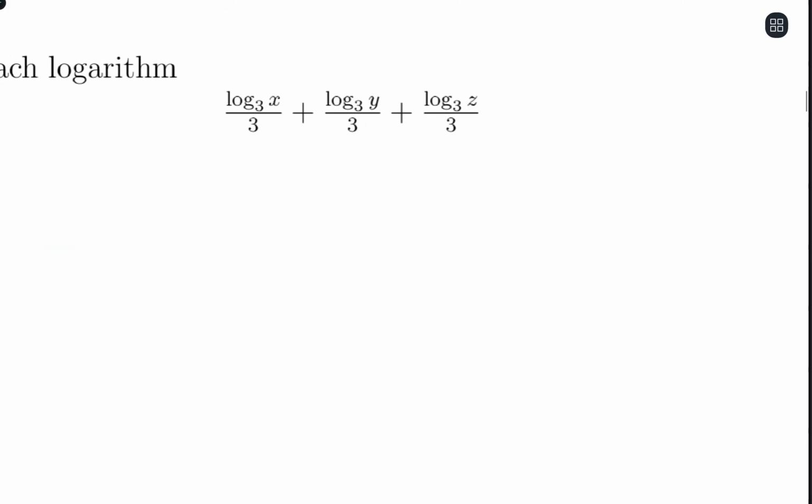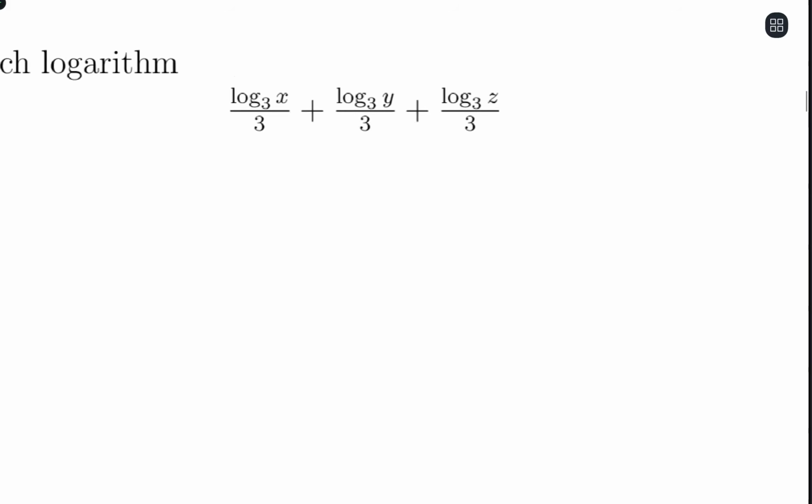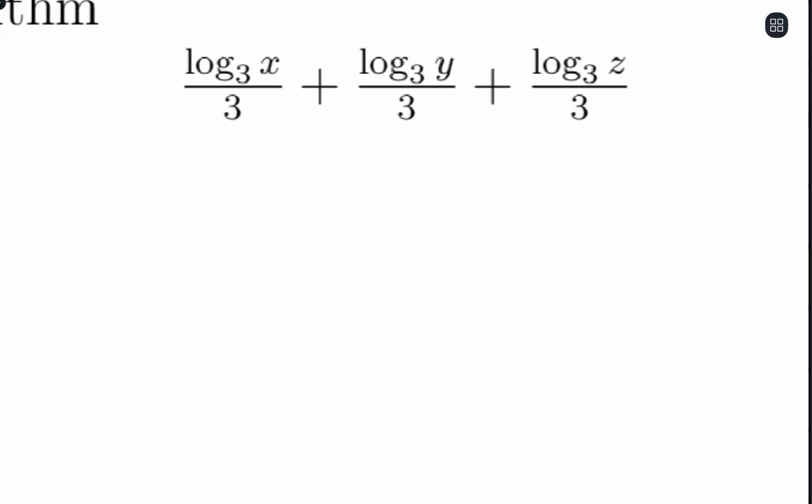All right, our next one here. A few different ways to go about this. Let's just go piece by piece. Each of these is being divided by 3. You could factor out the 1/3 and then work from it there.